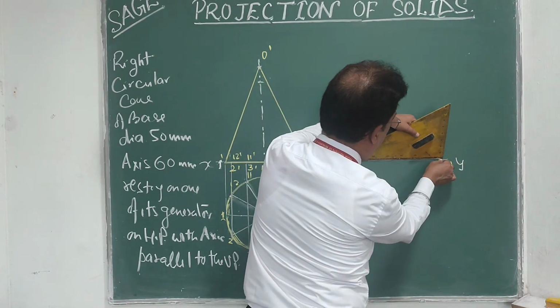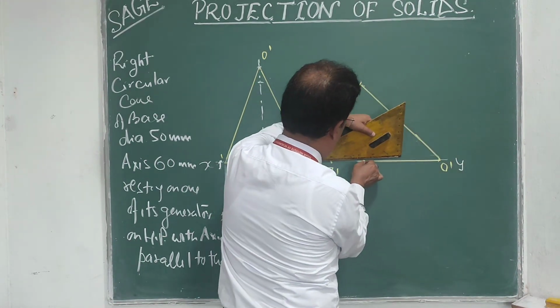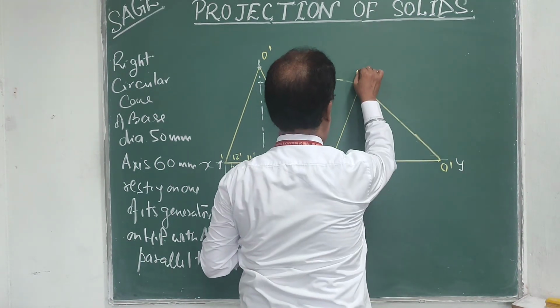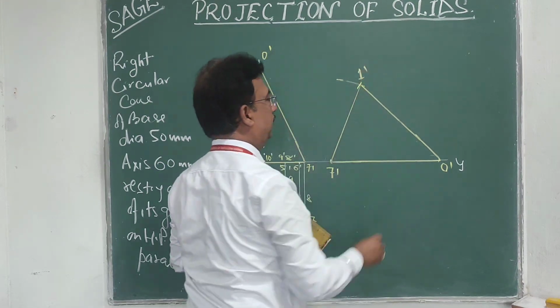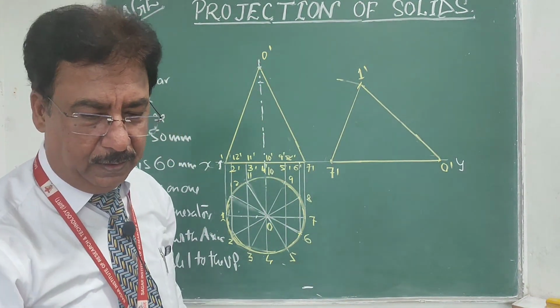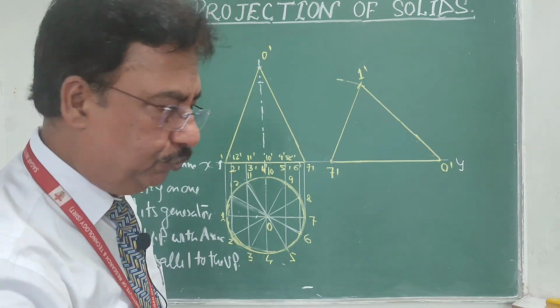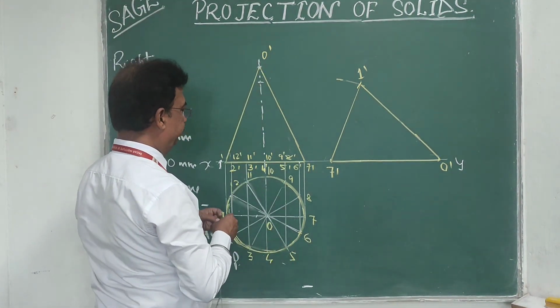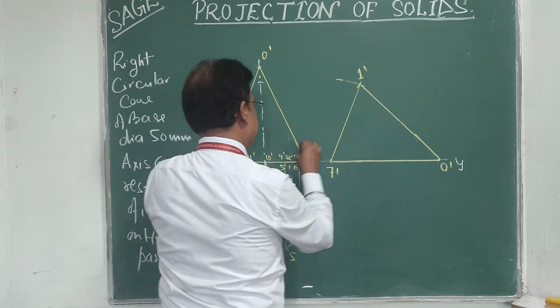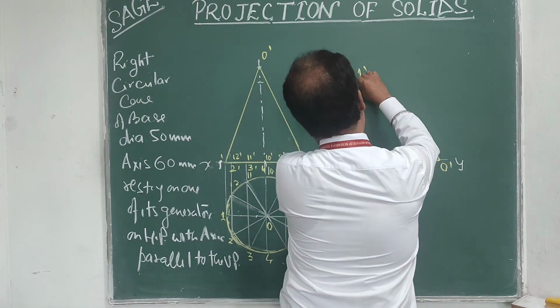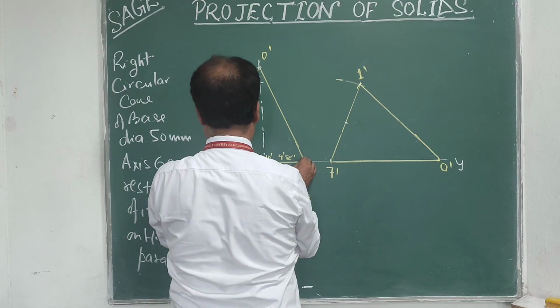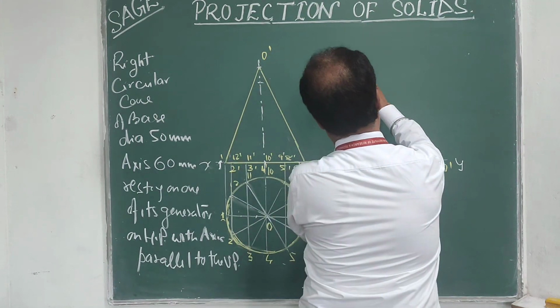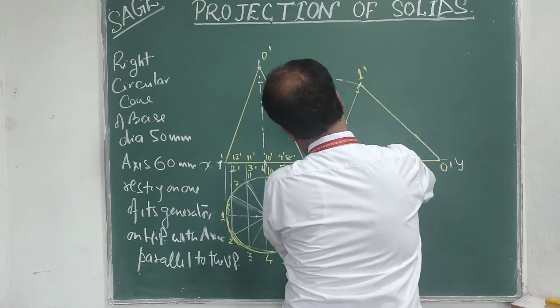Now the generator of the cone will be on the HP. So this O dash 7 dash will be on the reference line. Now what I am going to do, I am going to shift all these points from the base in the next figure. So copy all those points from this figure, as normally we will do.